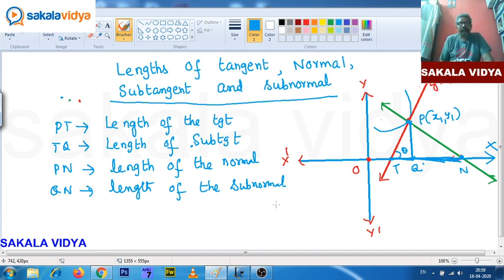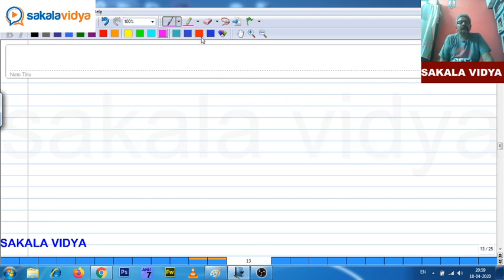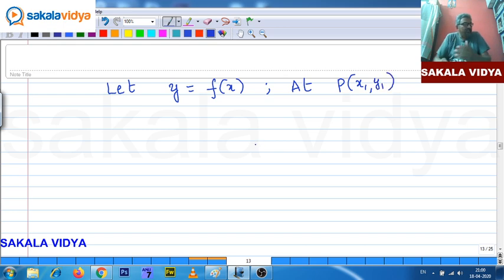Now, how to find the length of the normal: for example, let us say y is equal to f of x be a plane curve. At P x1 comma y1, we need to find the length of the tangent, normal, subtangent and subnormal.